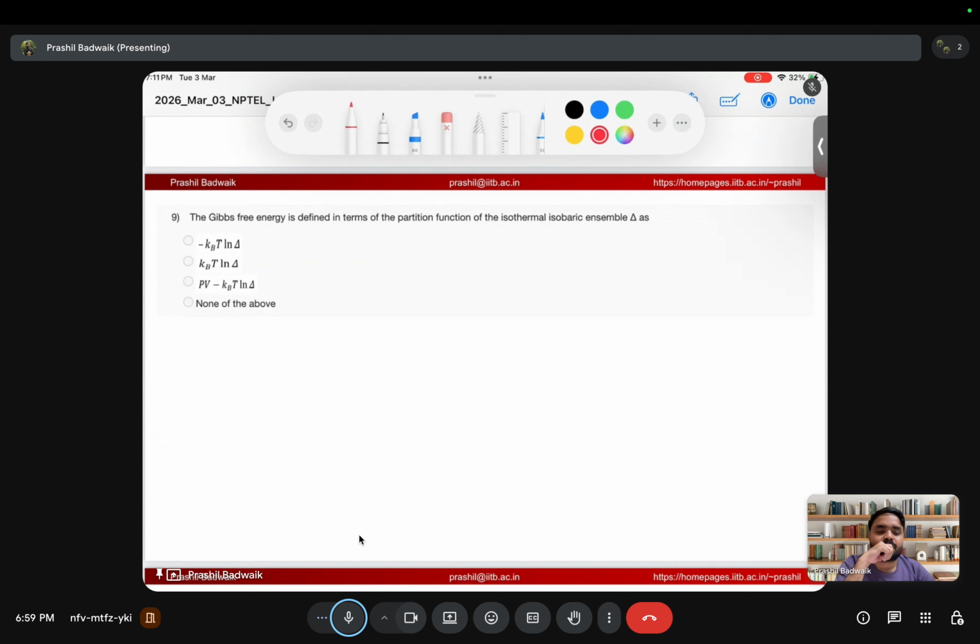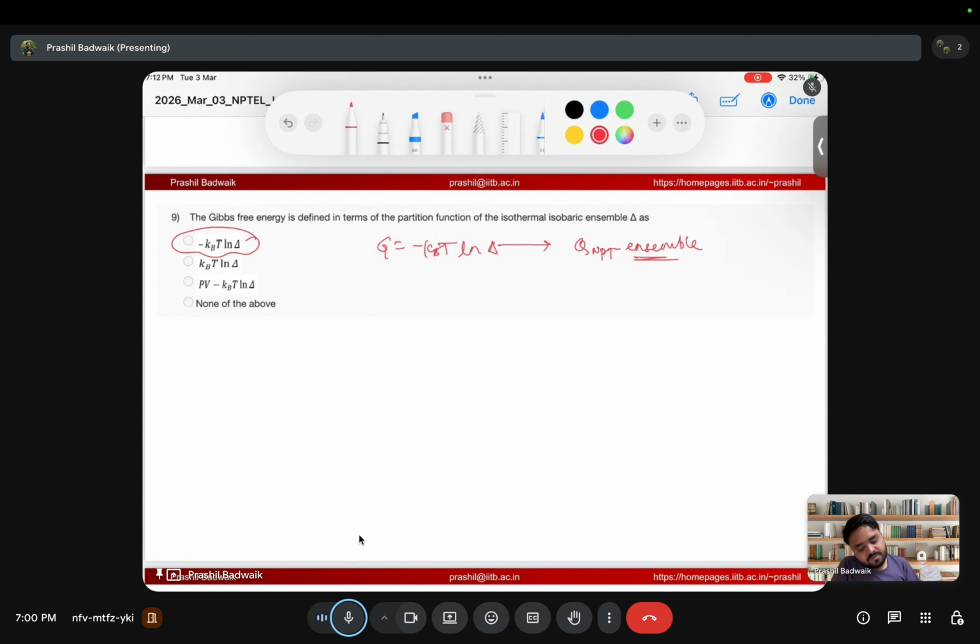So question number 9. It gives free energy. G is again related to minus kBT ln Δ, and this Δ is related to partition function of NPT ensemble, right? So this is the option A, that is correct. Option A is correct answer.